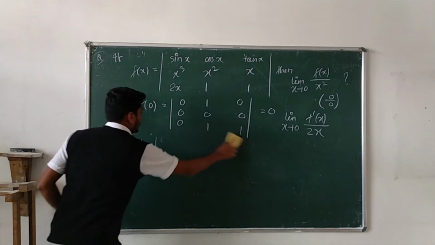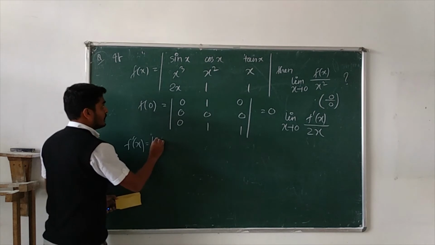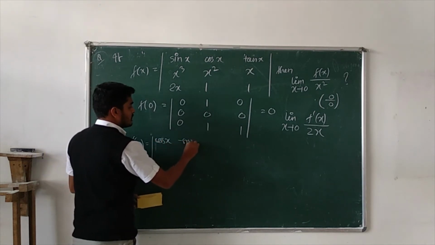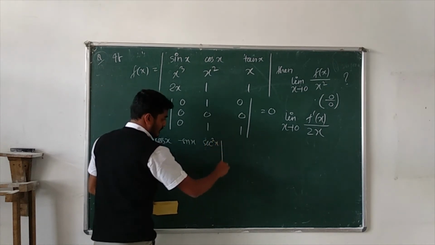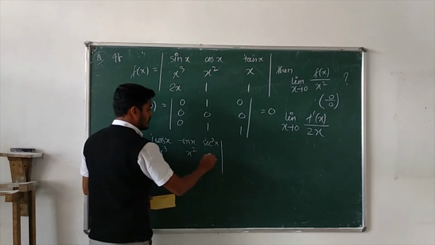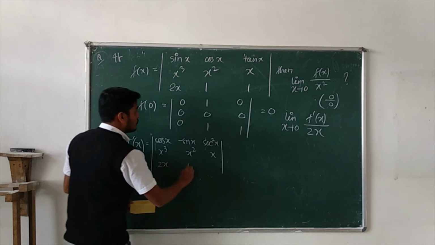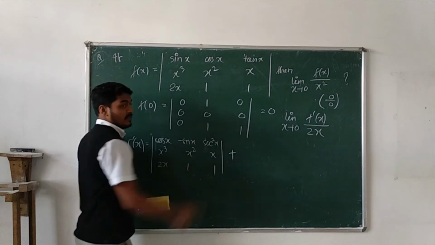So f of x is the determinant with first row sin x, cos x, tan x. The other two rows will remain the same: x square, x cube, x, and 2x, x, 1, 1. Plus, that means you have differentiated the first row.